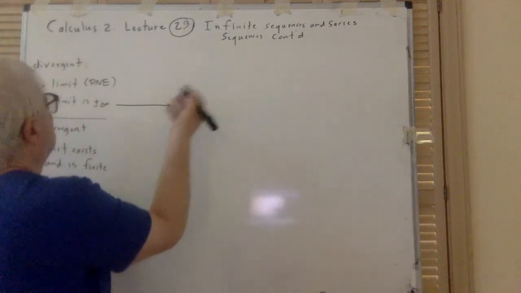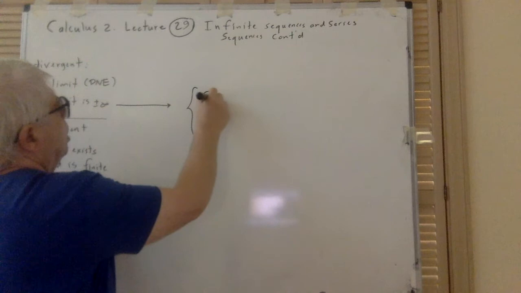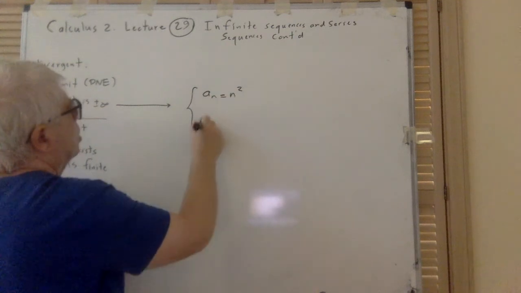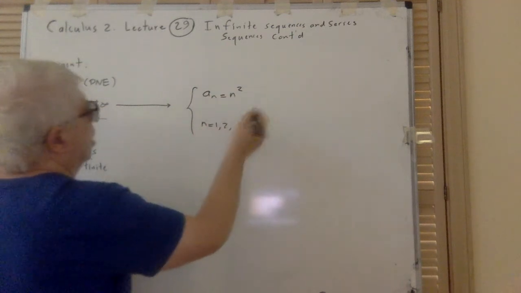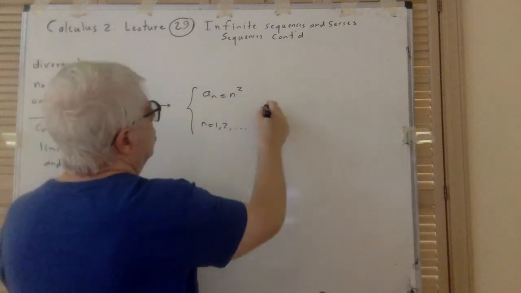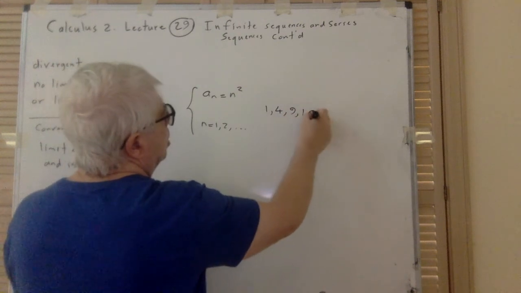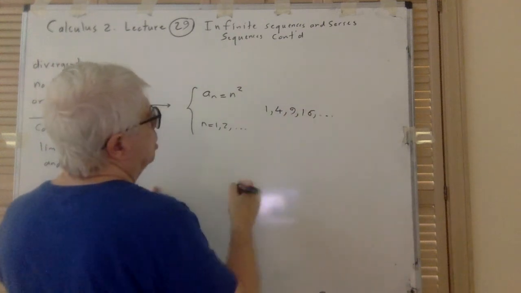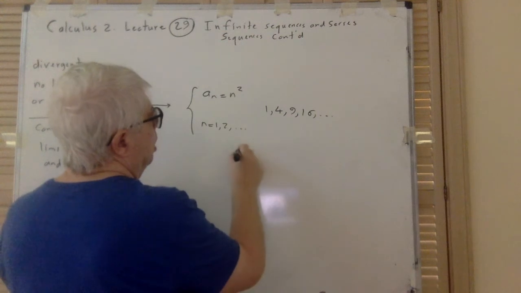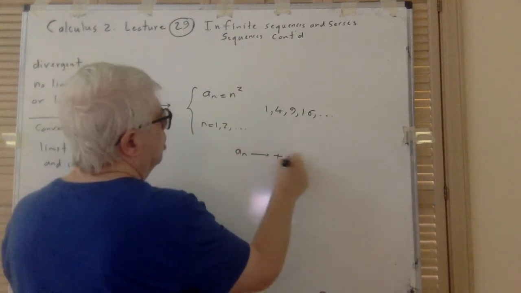So for this one, I can simply say an is n squared. So this is 1, 4, 9, and 16. As we see, the limit of an goes to positive infinity, right?